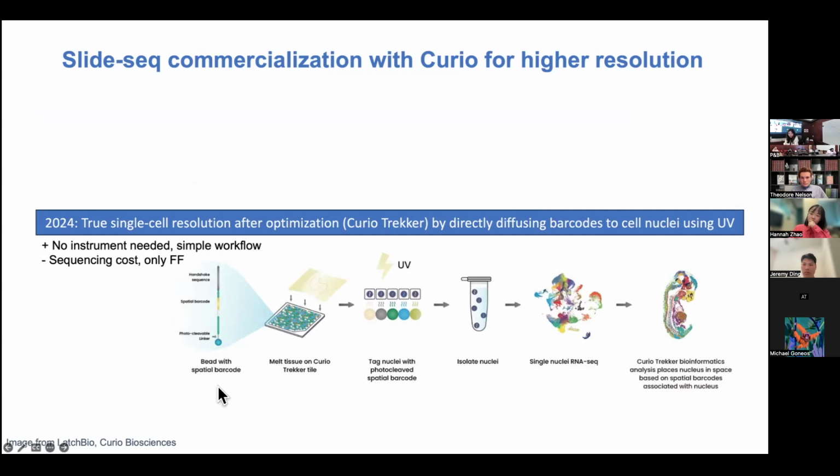So every region where the tissue's nuclei was sitting on top of the beads was collected and cleaved, and after library prep, you can almost have single nuclear RNA sequencing, but with the spatial barcode information with it.